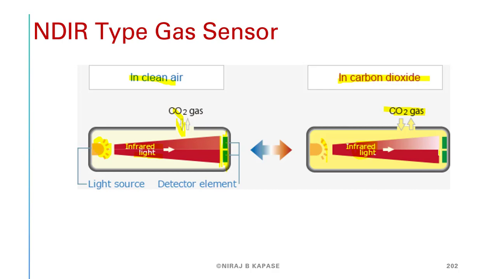A proportion of the light will change, and that proportion depends on the gas concentration. So we can have an equation that will give you the amount of gas present in the air. This is about the NDIR type of gas sensor.